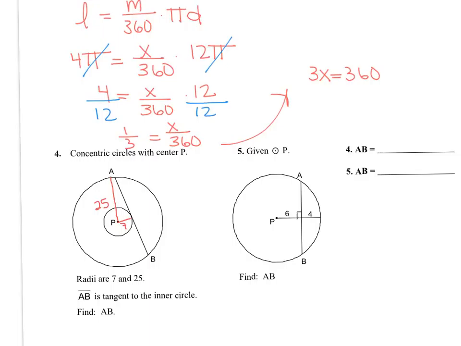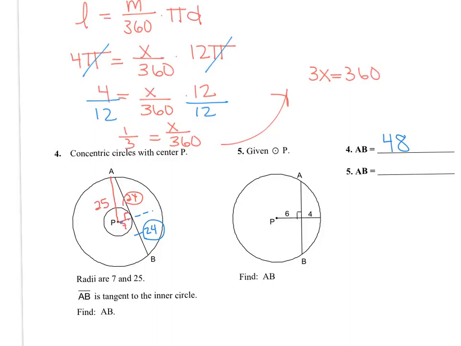And now we also have to remember that anytime I draw a radius to a point of tangency, I create a right angle. Therefore, I now have 7, blank, 25, or 24. Anytime I draw a radius to a chord and they are perpendicular, I split that chord in half, meaning that this part is 24, and I now have AB equaling 24 plus 24, or 48.